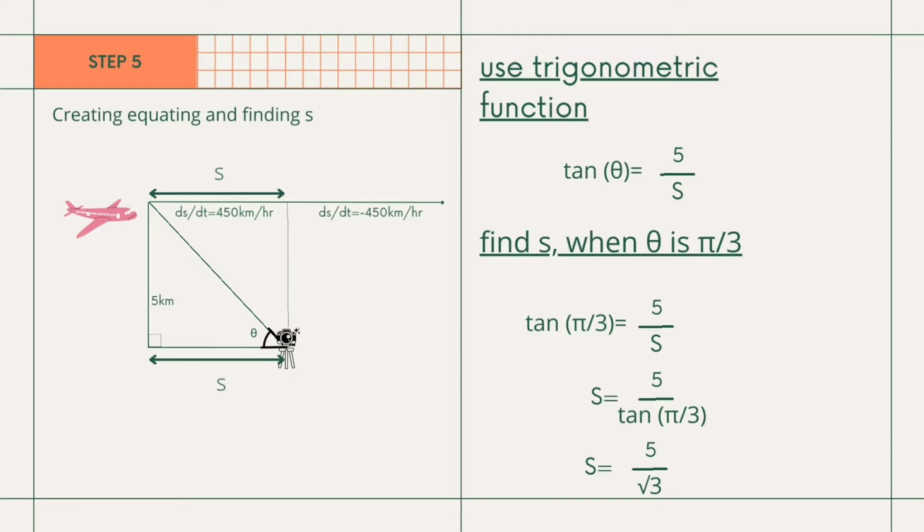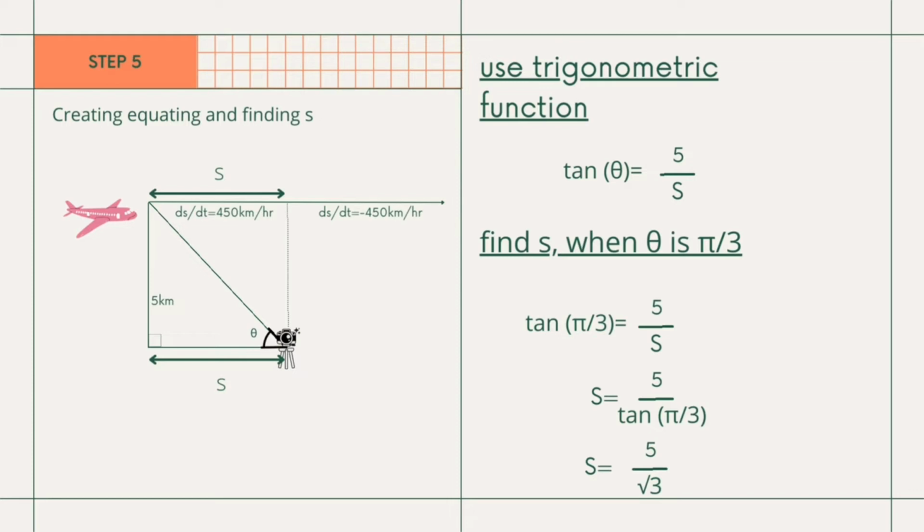Next, we're going to find s when theta equals pi over 3. So we substitute theta equals pi over 3 into the equation. It's going to be tangent pi over 3 equals 5 over s. We move s to the left and tangent pi over 3 goes to the right, so s equals 5 over tangent pi over 3.